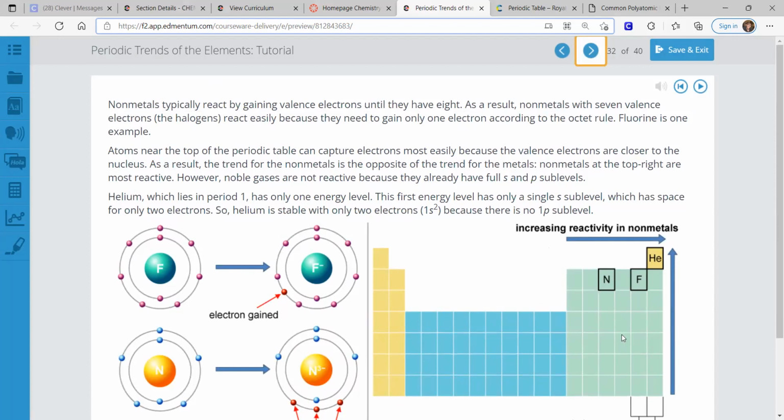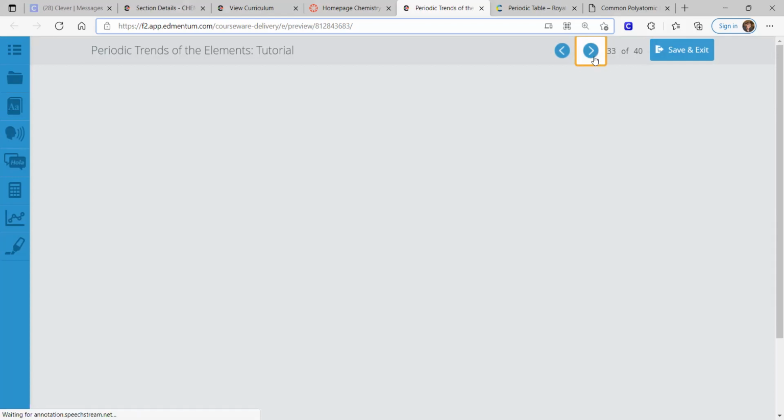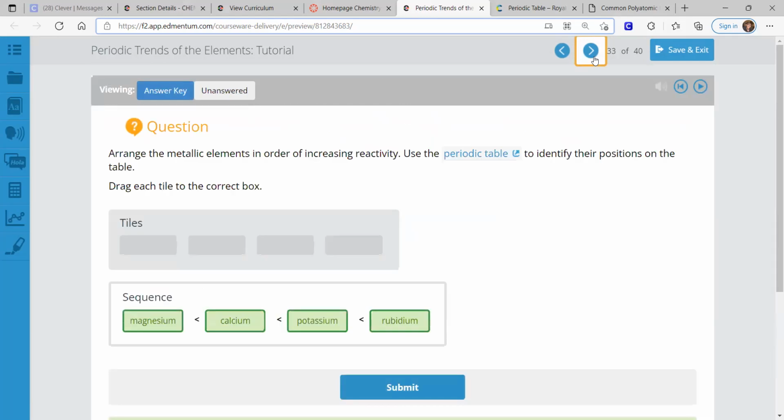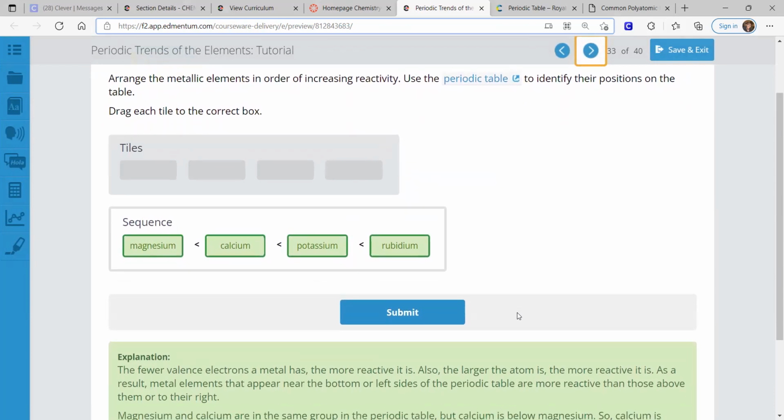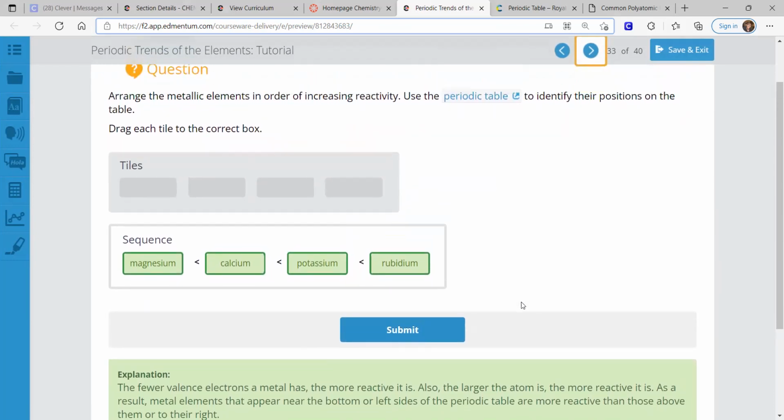The most reactive nonmetal is up here and to the right. For example, here's magnesium, calcium, potassium, rubidium. Calcium is more reactive than magnesium, potassium is more reactive than calcium, and rubidium is more reactive than potassium.